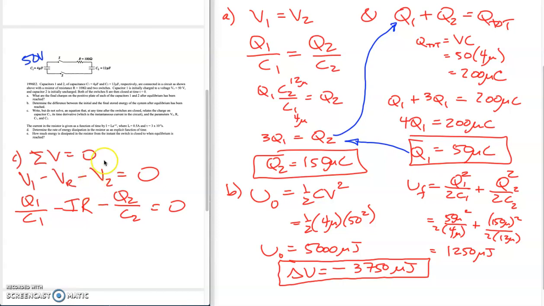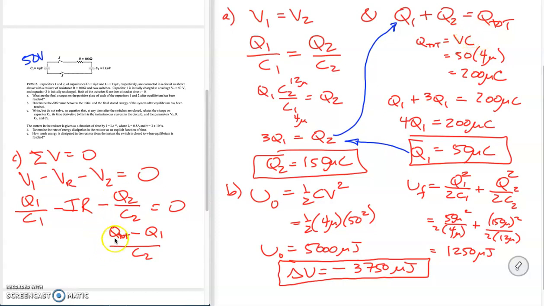So we're going to have to go back to part A and look at the relationship between the total Q, which is Q1, and the charge on Q2. So this guy is going to have to be Q total minus Q1 over C2. And what is Q total? Again, go back to part A. Q total is the original voltage across capacitor 1 times capacitor 1.